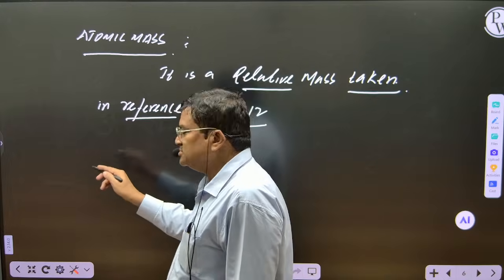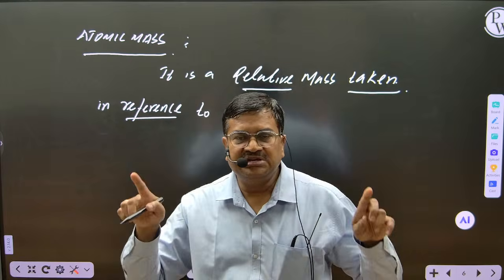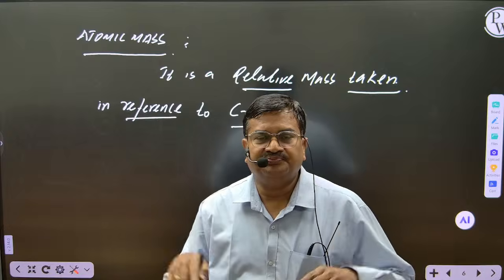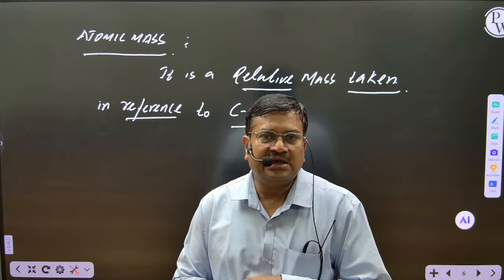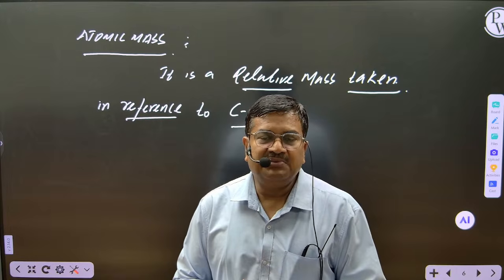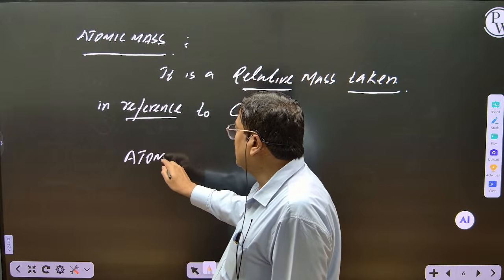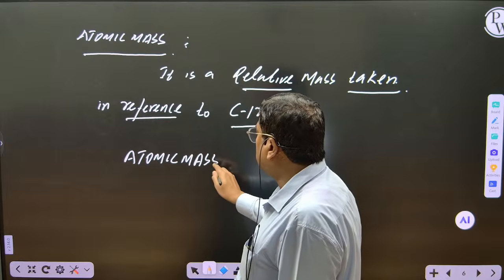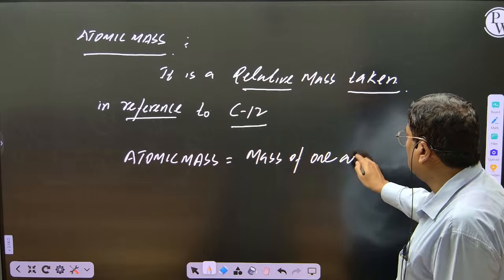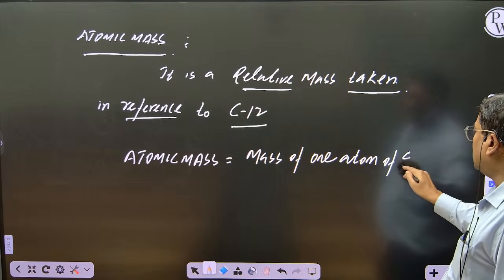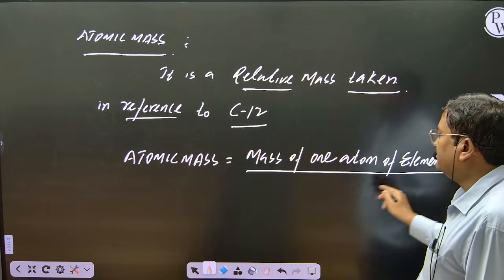So hence, if I ask you what is the atomic mass of nitrogen, remember, all of you, stick a periodic table in your hostel or study room. Because I told you periodic table is for every student, because wherever you go, organic, inorganic or physical, the periodic table will help you. So see here, atomic mass of an element can be given by the mass of one atom of an element upon the mass of 1 by 12th part of C12.